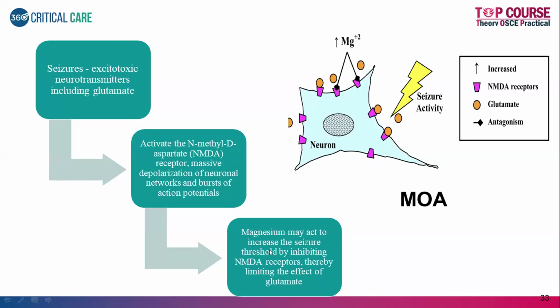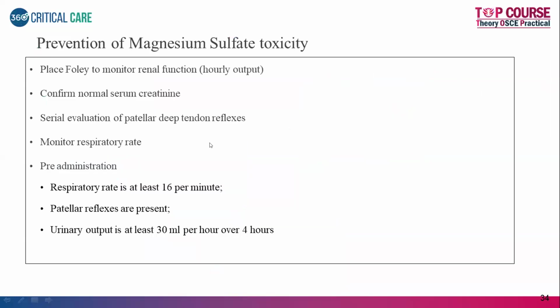So magnesium may act to increase the seizure threshold by inhibiting these NMDA receptors, thereby limiting the effect of glutamate. So indirectly it is acting on glutamate by inhibiting the NMDA receptors. That is the mechanism of action of magnesium sulfate.